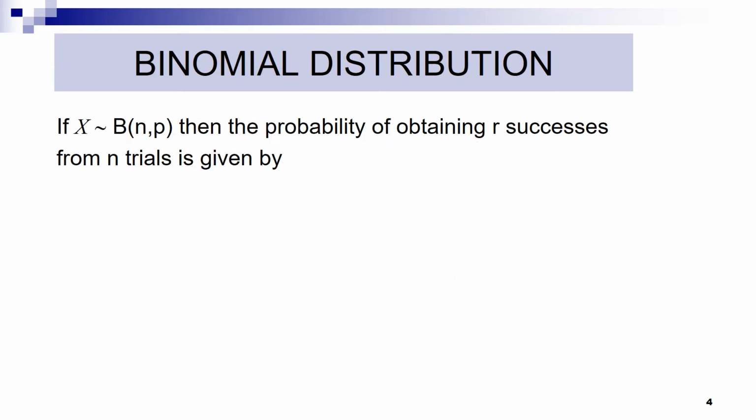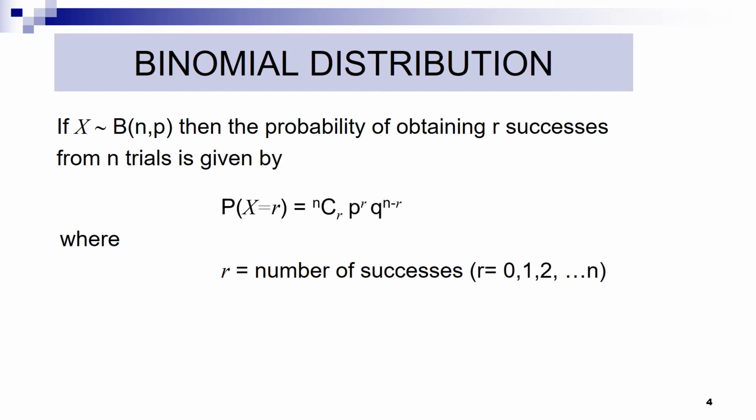If we have a distribution X which is binomially distributed with parameters n, p, then the probability of obtaining r successes from n trials is given by P(X = r) equals nCr p to the power of r multiplied by q to the power of n minus r, where r is the number of successes, so r can take the value of 0, 1, 2 until n. p is the probability of success, and we know that p must lie between 0 and 1.